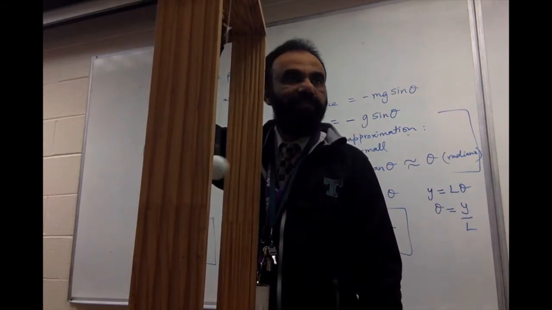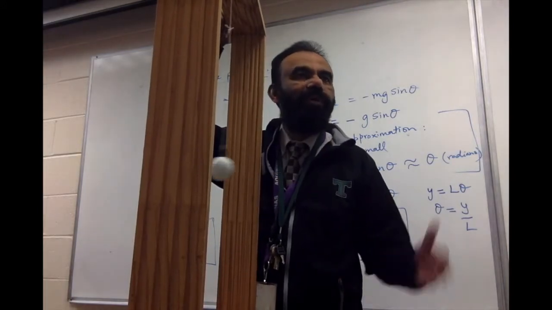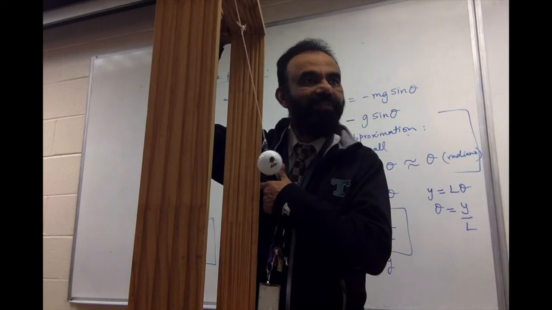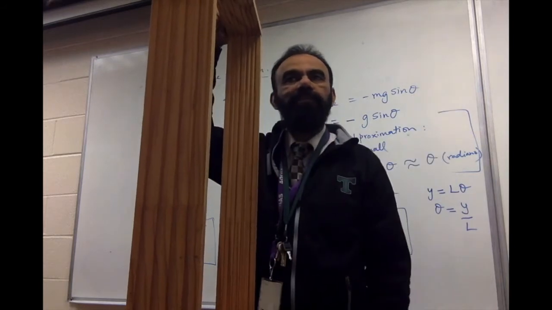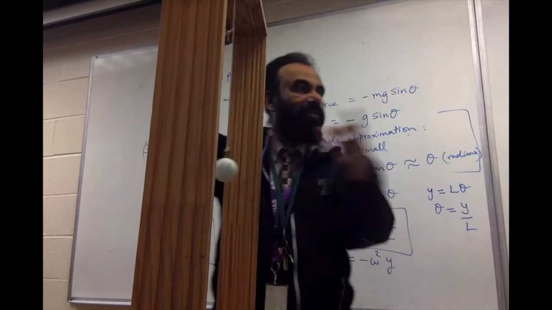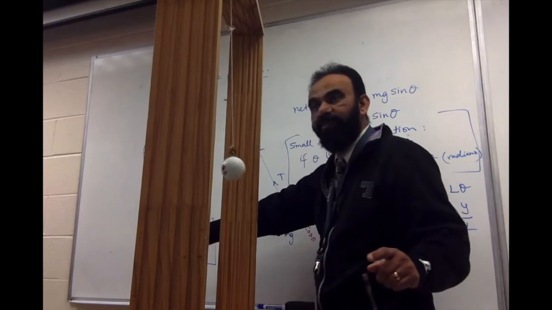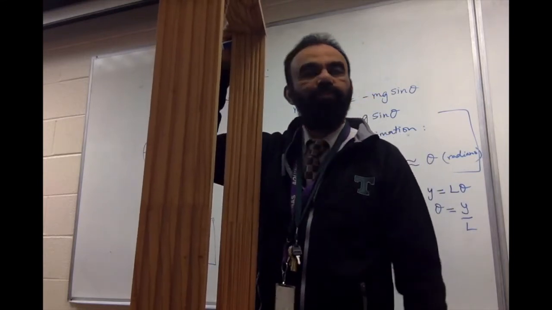Not more than this. A little more is okay, but the more and more you do it, you're going away from that equation. Make sense? So don't do this. According to this, your small angle approximation is not going to work out right. So if you want that equation to be satisfied properly, the angle of oscillation should be small enough.